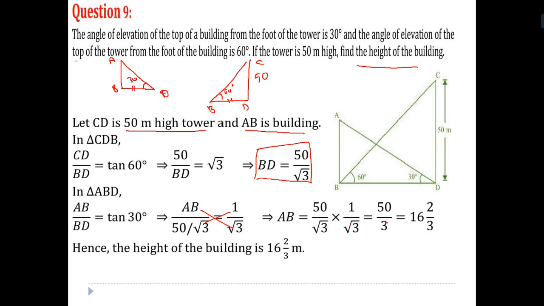So 50 upon 3. So hence the height of building is 16 integer 2 by 3. Again 2 figures you have to draw and then we can solve the sum.